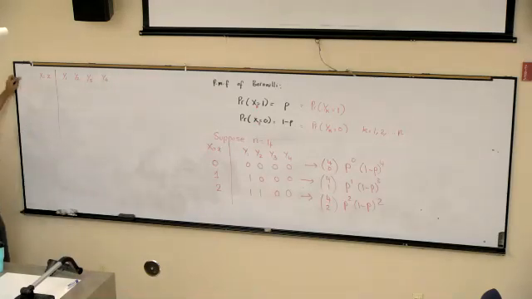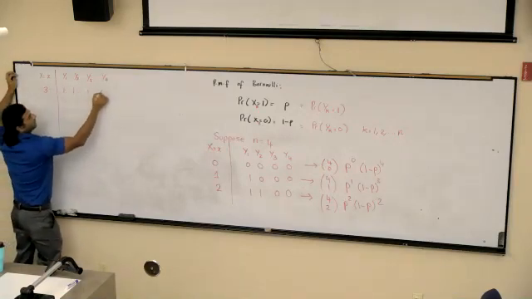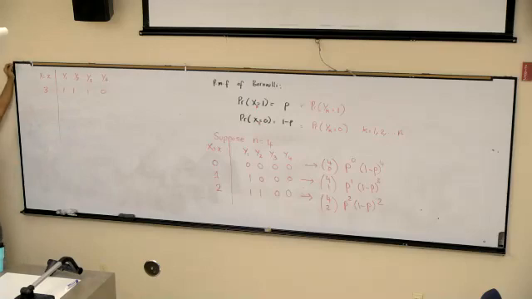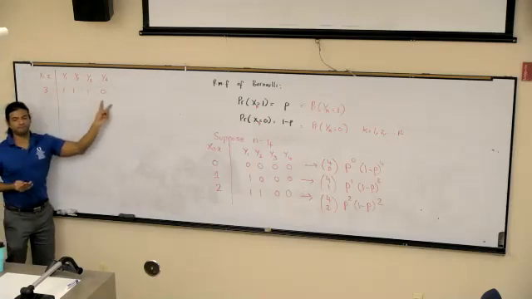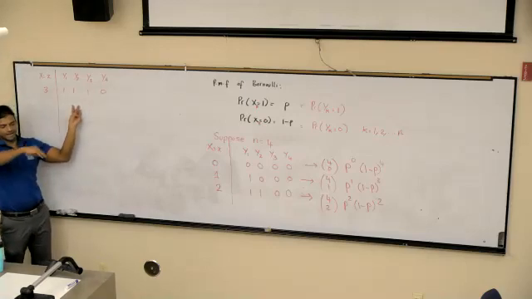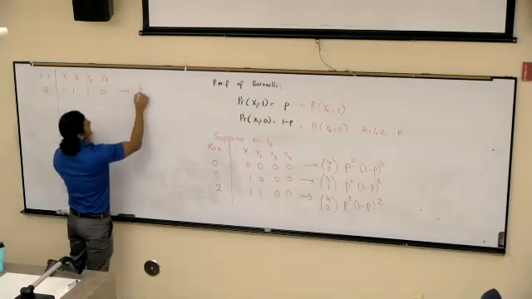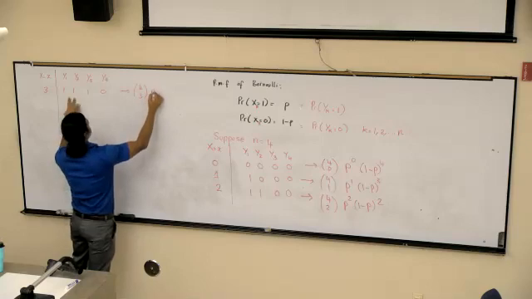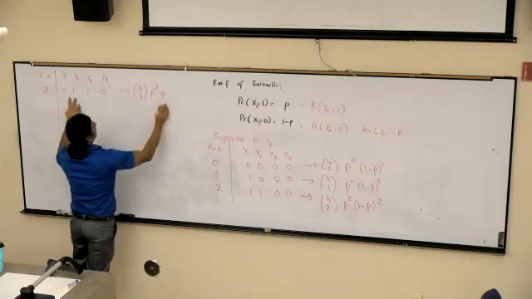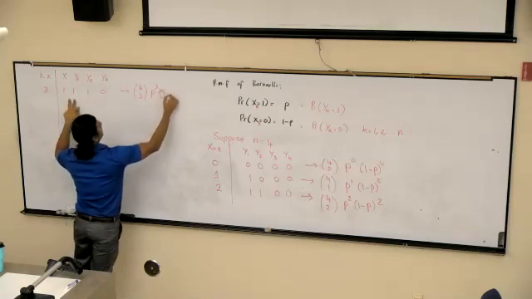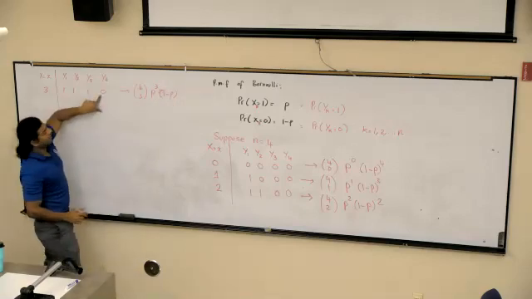The next case would be 3. So 3 of the Bernoullis must be 1, so 1, 1, 1, 0. And in how many ways could it happen? I have 4 positions, and then I need 3 successes. So 4 choose 3. p raised to 3, and 1 minus p raised to 1.